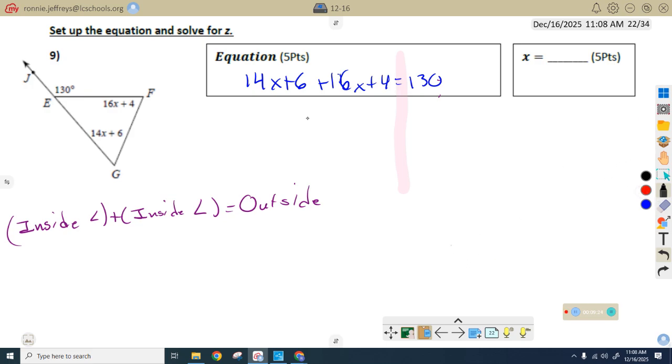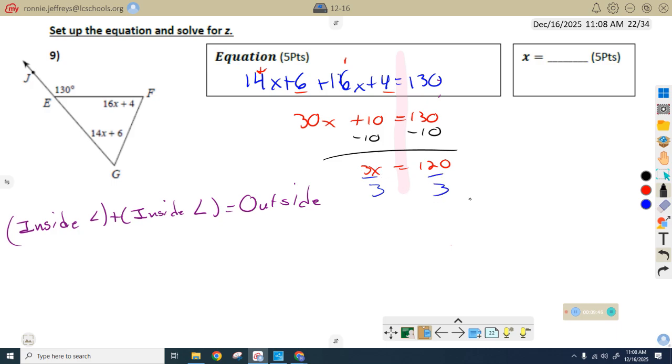All right, so we're going to combine like terms. So this is 30x plus 10 equals 130. That's 10. 30x equals 120. Oh, that should be 30. I got all excited.